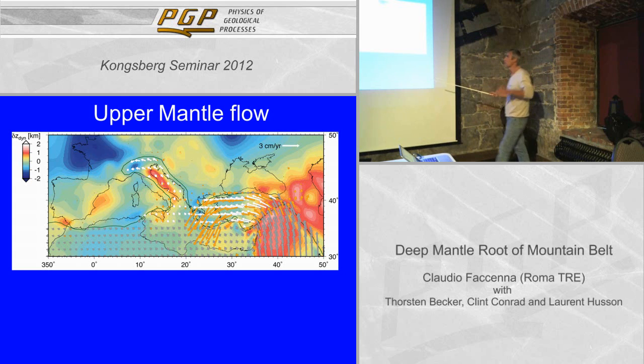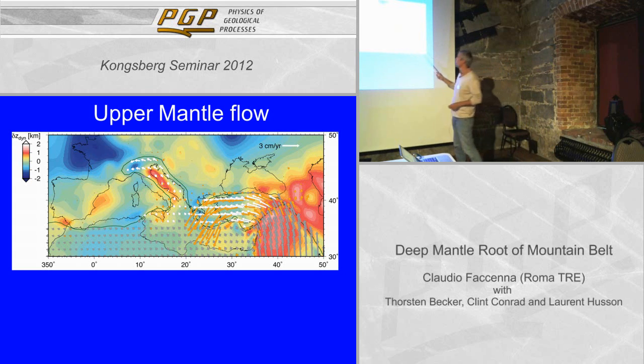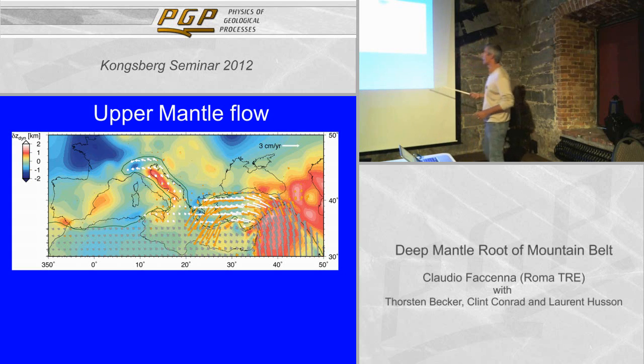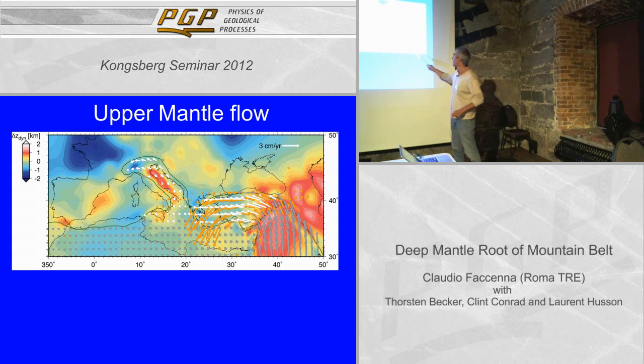So red is positive, there is the scale in kilometers, and blue is negative. What you can capture here at first sight is that we have a large-scale upwelling here in the east. The velocity of Anatolia is pretty good with respect to geodesy.